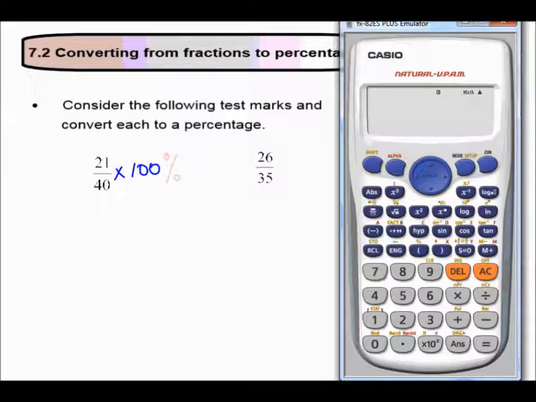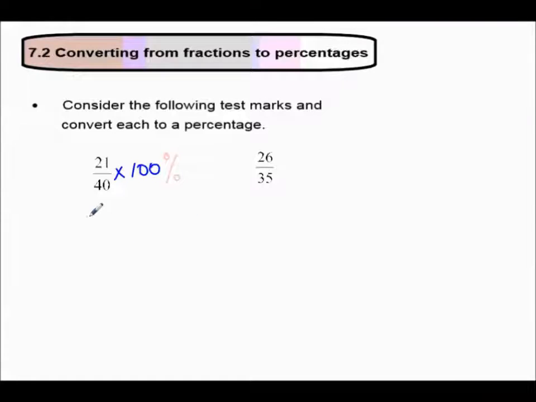So if we went to our calculator, we would have 21 over 40 multiplied by 100. You see, I do not put the percentage sign in, and that equals 105 over 2, which is 52,5. So that equals 52,5%.